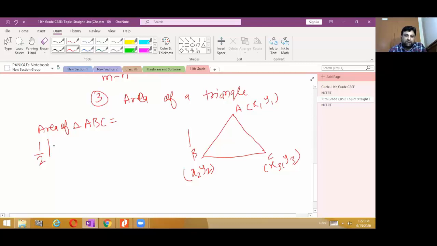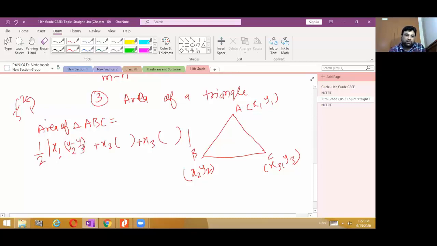So here you can see how to learn this formula. x1 bracket plus x2 bracket plus x3 bracket. If I write 1, 2, 3 in the form of a cyclic permutation, suffix 1 is there, so after 1, 2 will come and after that 3 will come. So here we write y2 minus y3.